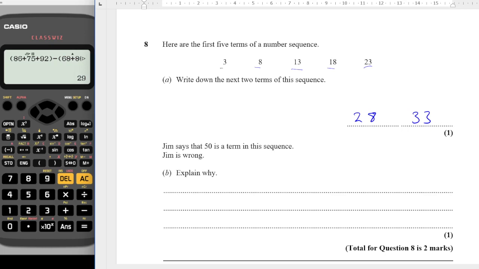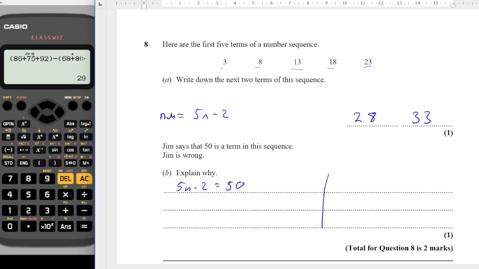For the second part, Jim says 50 is in the term of each sequence. Jim is wrong. Explain why. So I had mixed feelings about this. Technically speaking, the mathematical way to do this is to say that the nth term of this sequence is going to be equal to, constant difference of 5 means 5n, and then what do we do to 5 to get to 3? We minus 2. So the mathematical way would be to say that 5n minus 2 is going to be equal to 50.